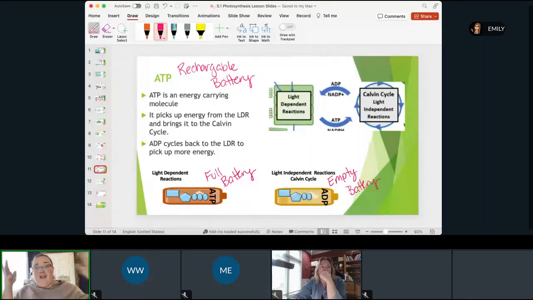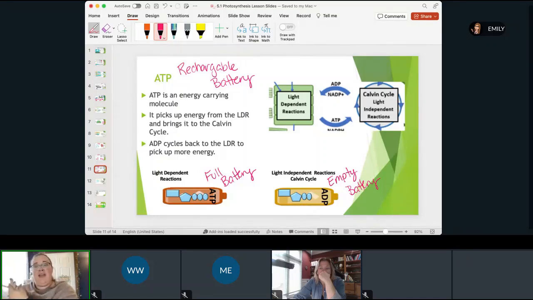So the light-dependent reaction, the energy from the light, charges that battery, okay? And then it moves over into the Calvin cycle or the light independent reaction where it's used to make the glucose.